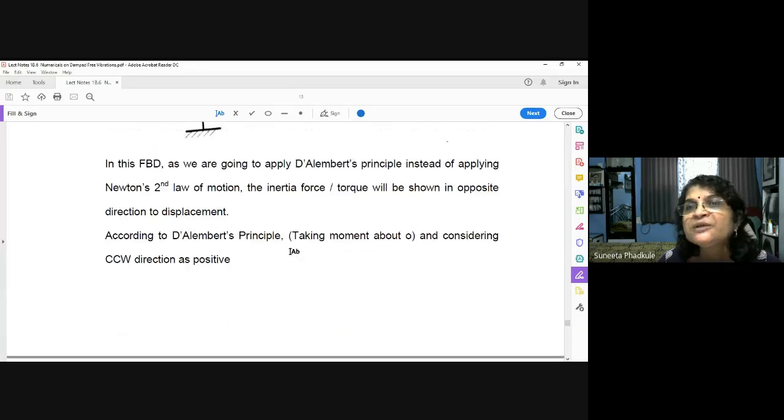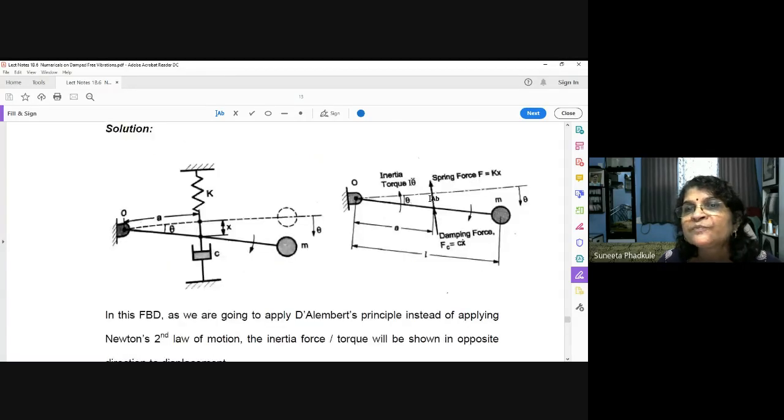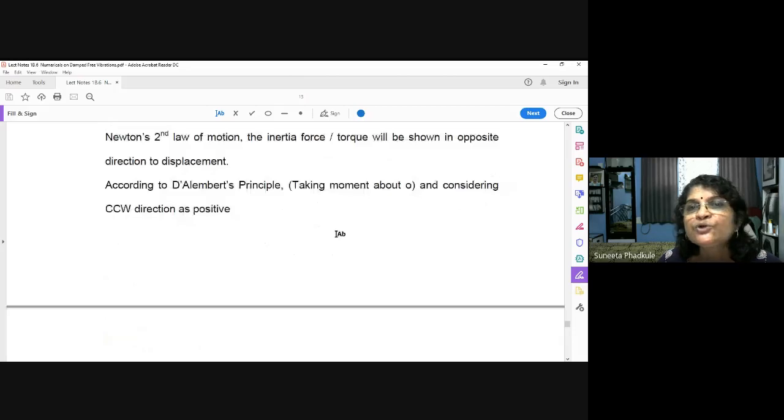Then, what is the moment of the spring force about this O? Force into this distance, the same distance. What is the spring force? K into x. What is this distance? Again the same, this is A, so this is A cos theta. So the moment created by the spring force is K into x into A cos theta. See here, K into x into A cos theta.